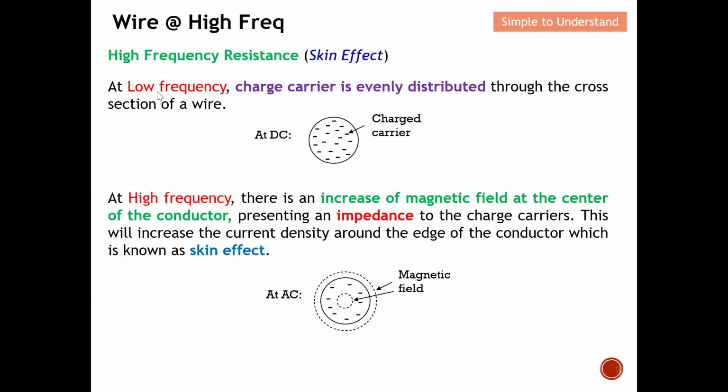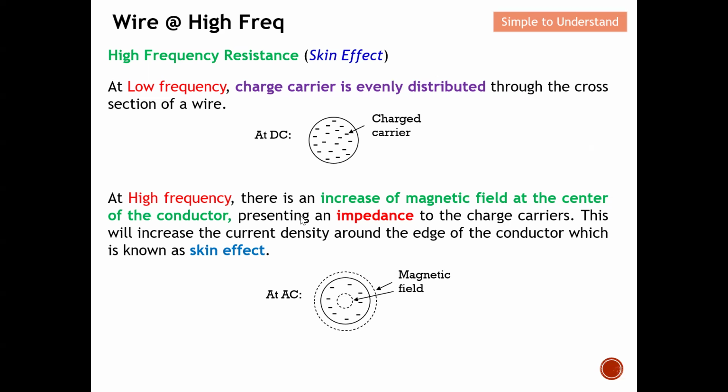As I mentioned early on, at low frequency, all the charge carriers are evenly distributed across the cross-section view of a wire, as you can see here, which means almost 0 hertz. The current is evenly distributed across the cross-section of the wire. However, when the frequency starts to increase, there will be an increase of magnetic field at the center of the conductor.